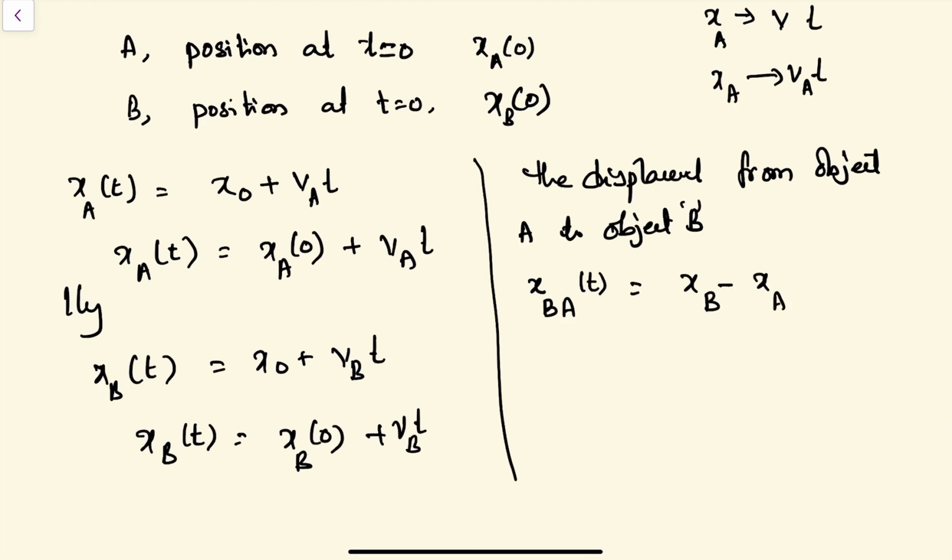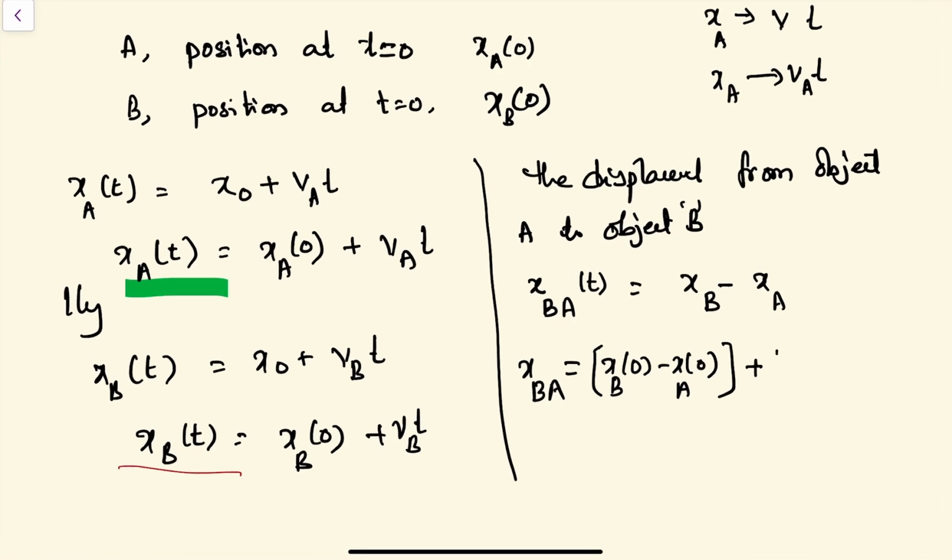I am speaking about position only, relative position; then we will go to velocity. So XBA is equal to XB naught minus XA naught, plus VB minus VA into t.